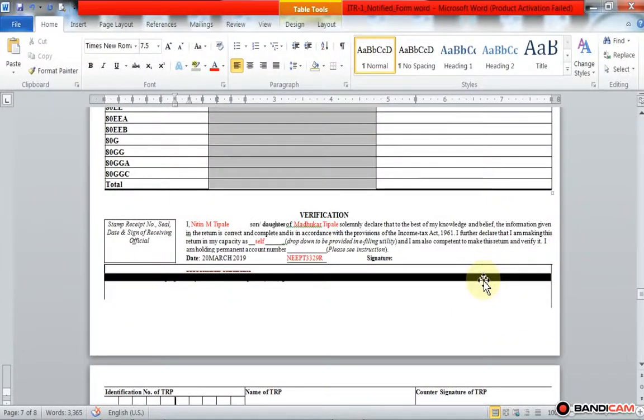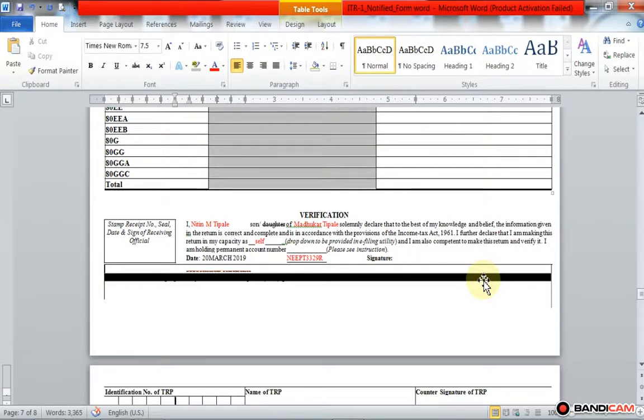I, Mr. Nitin Tipale, son of Madhukar Tipale, solemnly declare that to the best of my knowledge and belief the information given in the return is correct and complete and in accordance with the provisions of the Income Tax Act 1961. And the return is in the capacity of self, meaning the SEC.